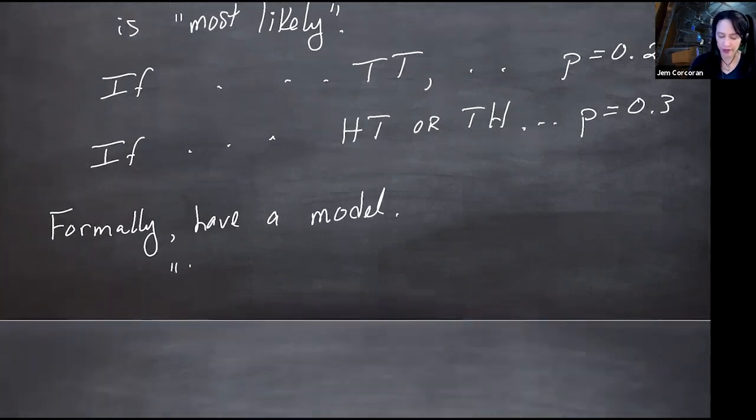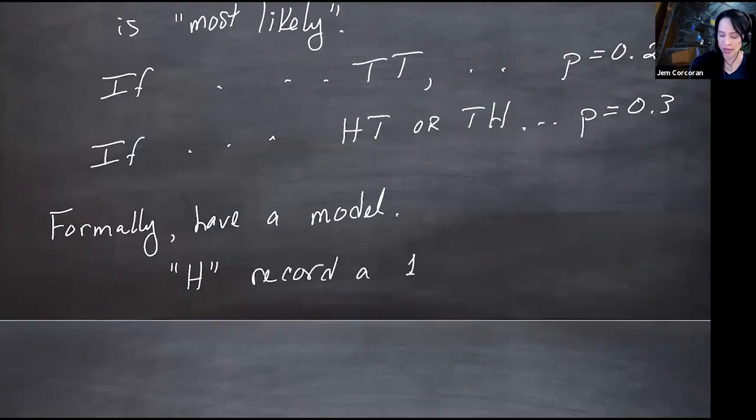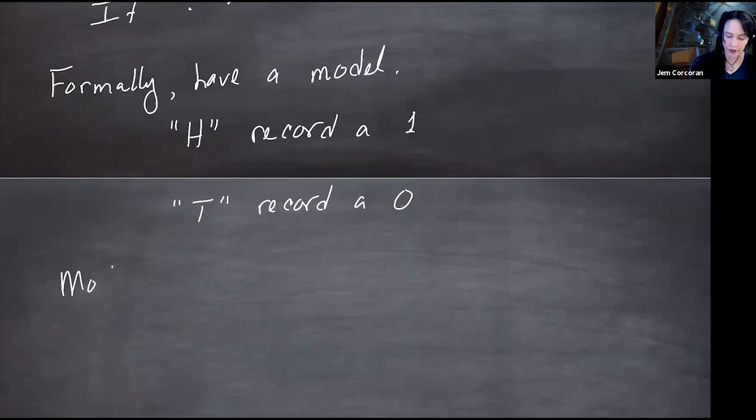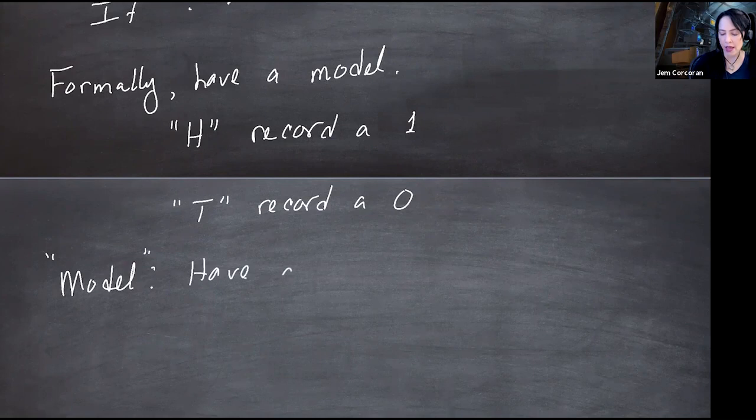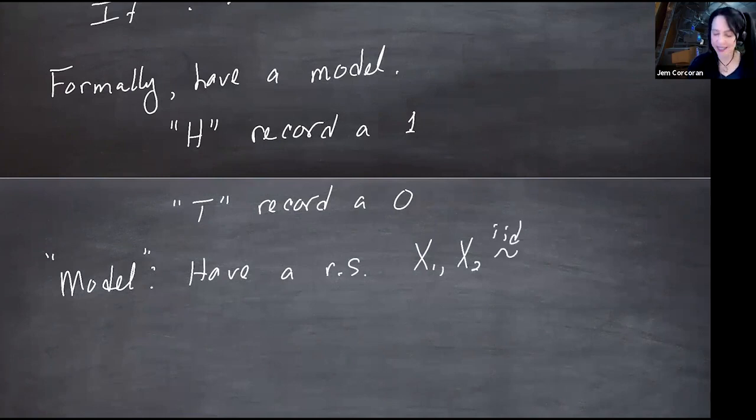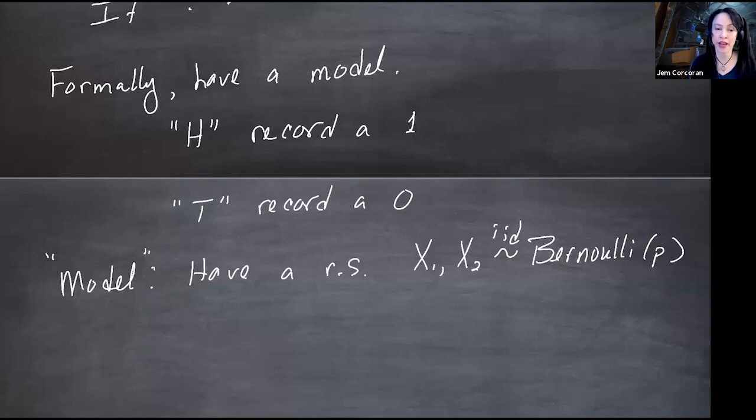So if you see heads on the coin, record a 1, and tails, record a 0. So the model is we have a random sample, x1, x2, IID, a little redundant because I said random sample, from the Bernoulli distribution with some parameter p that is unknown, but is assumed to be one of those 3 values.